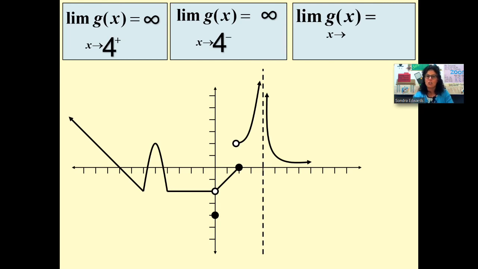Saying that the limit as x approaches 4 of g of x equals infinity, in some ways, I understand what you're saying, but rather than infinity, the preference is to say does not exist because it's not an actual value. So that subtlety on the sloth definition: if the left and the right are both infinity, or even if they were both negative infinity, we're going to say does not exist because that's not a number.